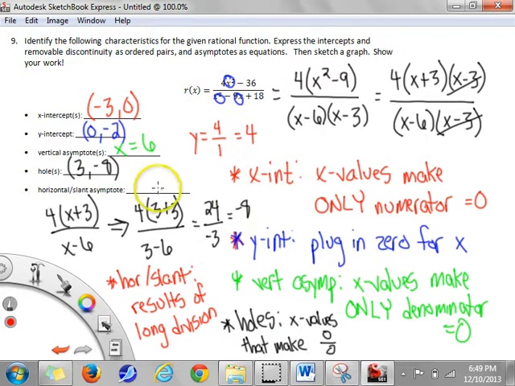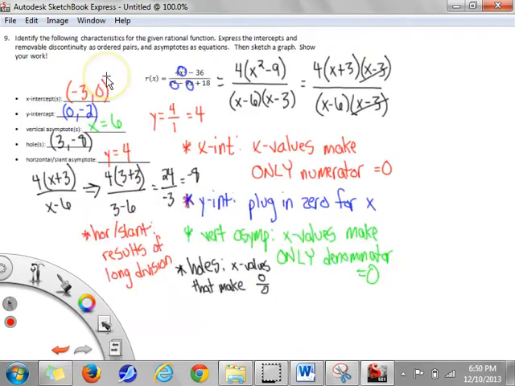How do we find that? Let me pause this for a second. Okay. Let me rewrite my original problem so that we can see what's underneath there again. So it was 4x squared minus 36 over x squared minus 9x plus 18.